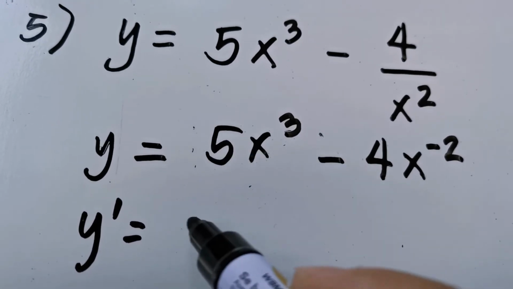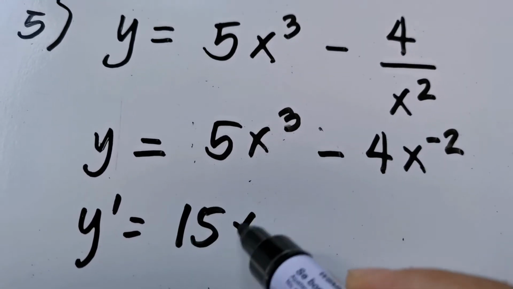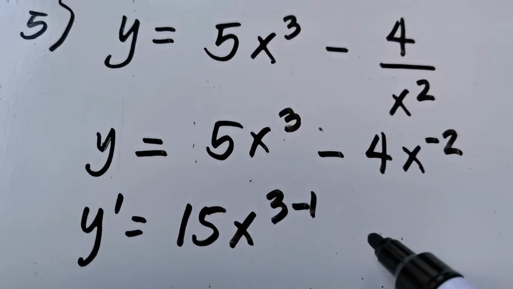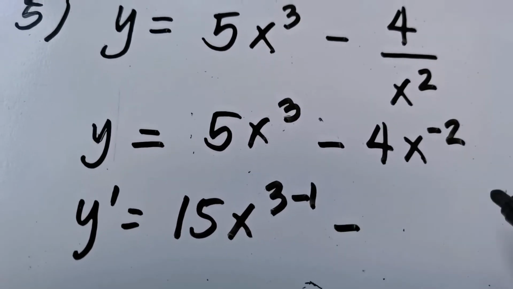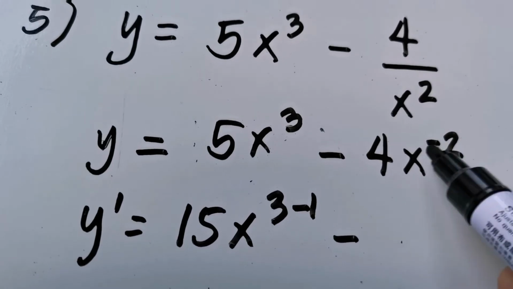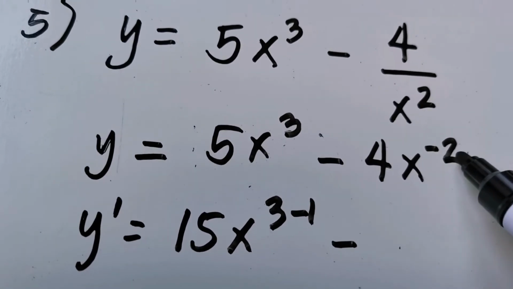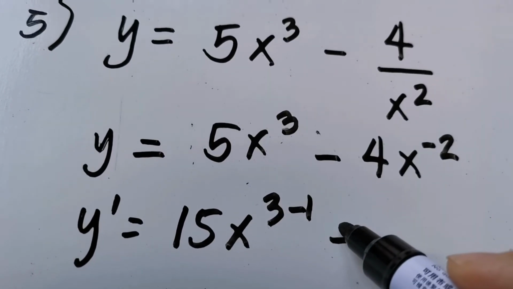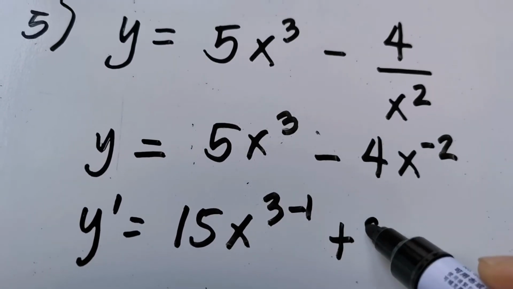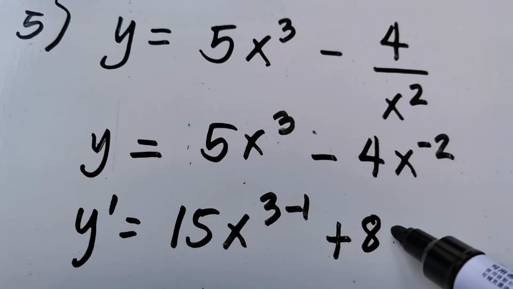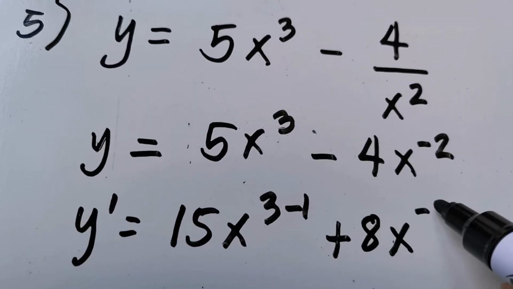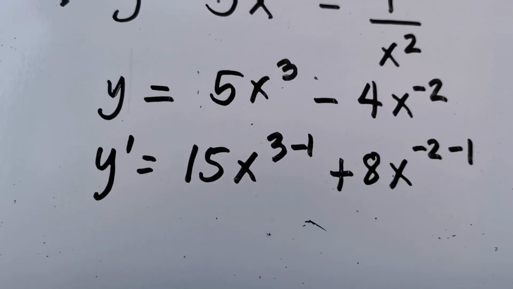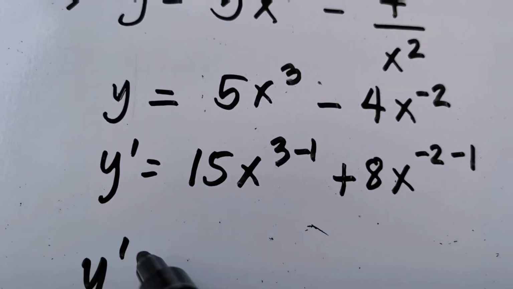So 5 times 3 is 15x raised to 3 minus 1, minus, so that is negative 2 times negative 4 becomes positive 8x raised to negative 2 minus 1. Then simplify.